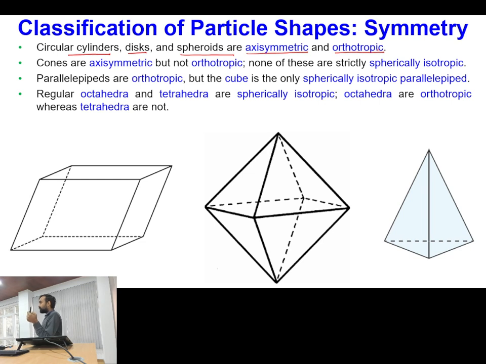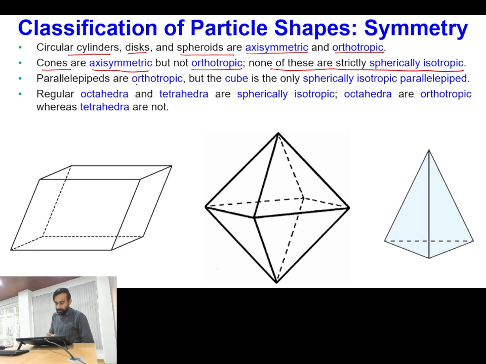Okay. So that's why I am calling the cube an orthotropic particle. Now, if I talk about a cone, then the cone is axisymmetric, but it is also not orthotropic. And overall, if I see, none of all these shapes are spherically isotropic. Okay.